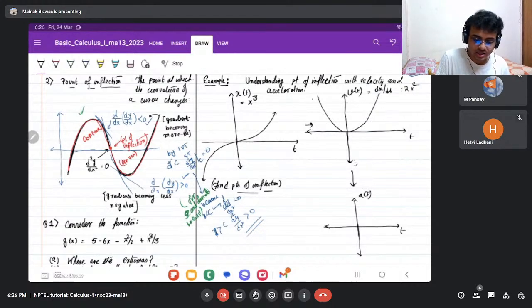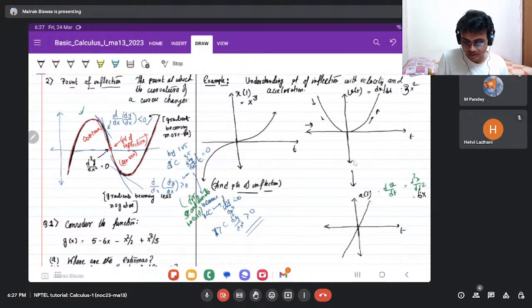Your velocity is decreasing. As you are going towards 0, your velocity decreases and then it increases. So which means, if you do dv/dt or d2x/dt2, you would have a curve like, or it is 3x square, sorry, 6x, agreed?